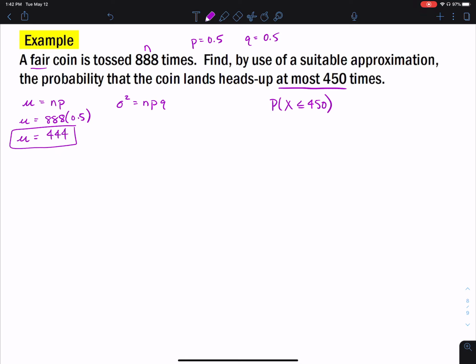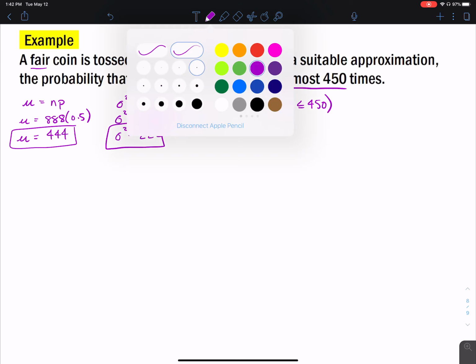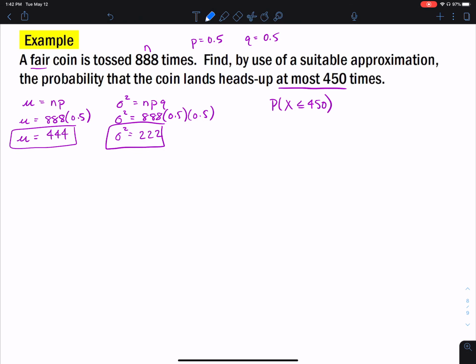Set that aside. Then plugging in 888 times 0.5 times 0.5, you're going to get a variance of 222.